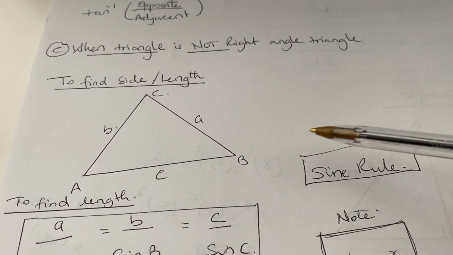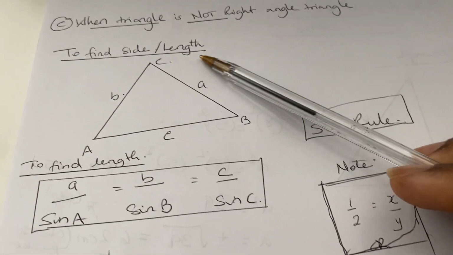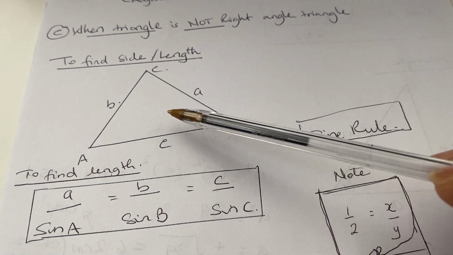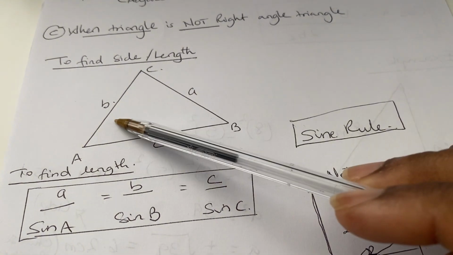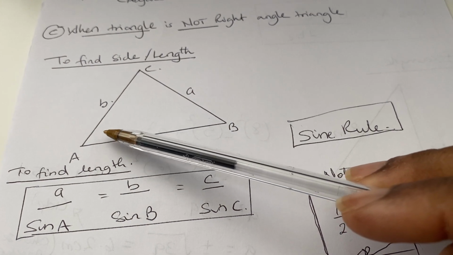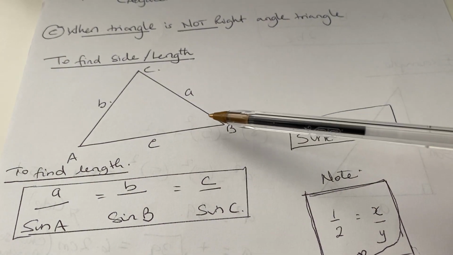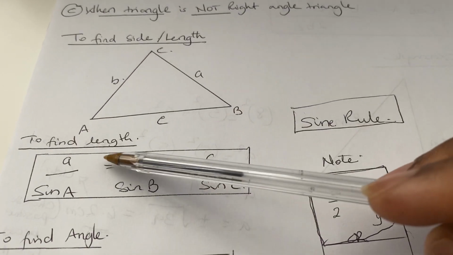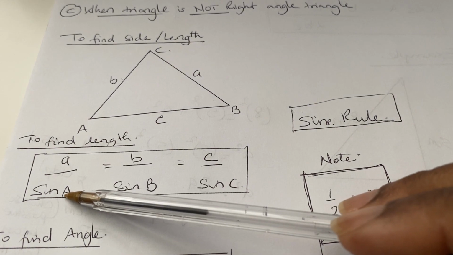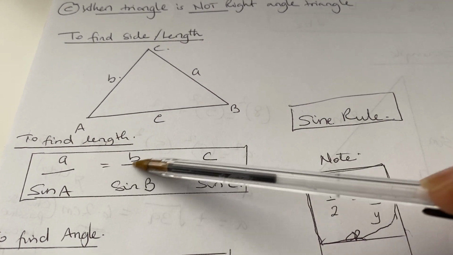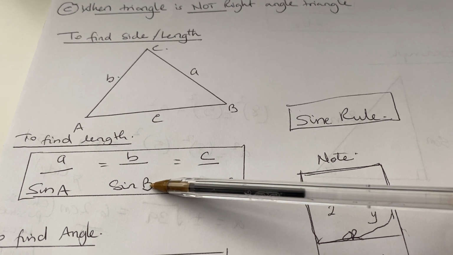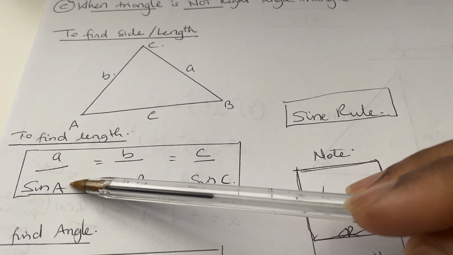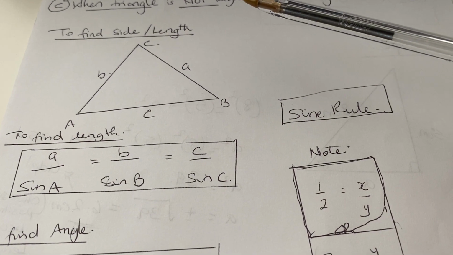To find a length, if I know A and B, and the angle opposite A, B is that one, I can do A sine A equals B sine B. Equate them together, find sine A and find A.